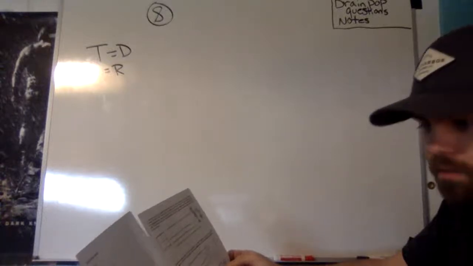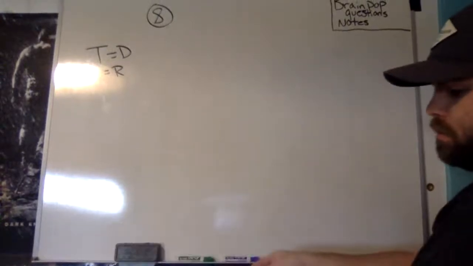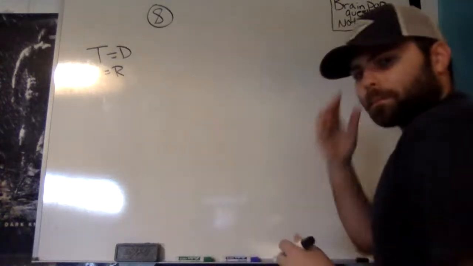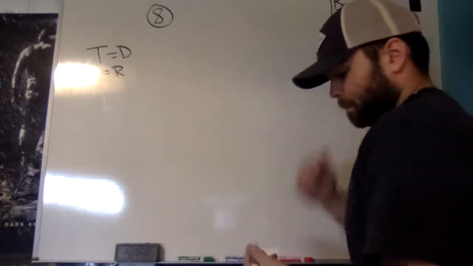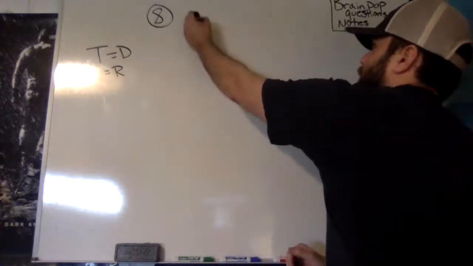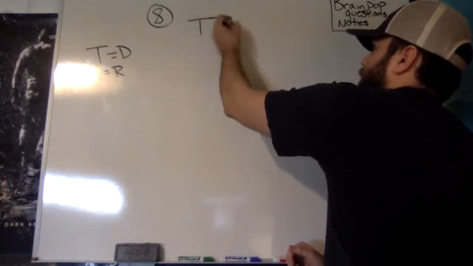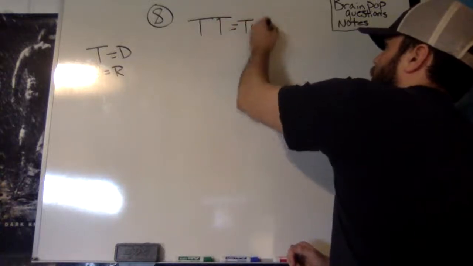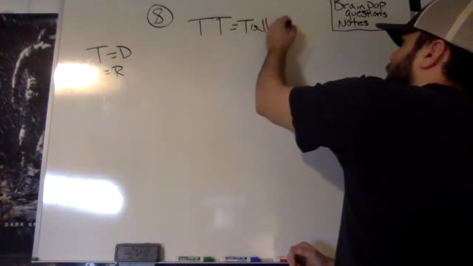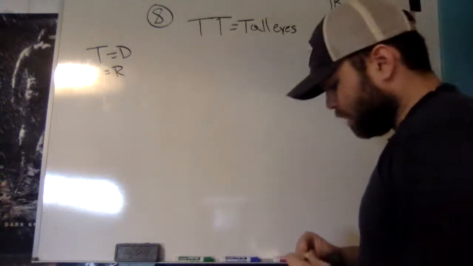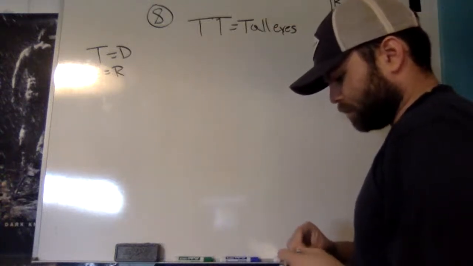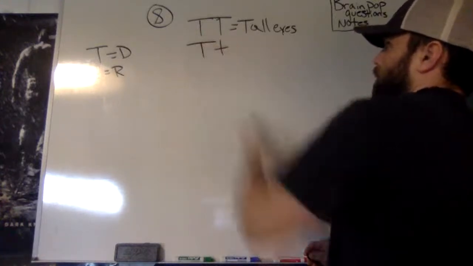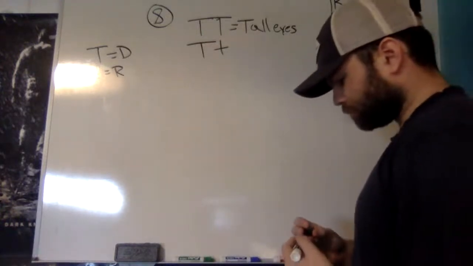He's homozygous. Same or different? If you're homozygous, you're going to be two capital T, all right? And that's for tall. Now his wife says that she's heterozygous for tall, meaning she also has a capital T, but she's got a lowercase, okay?